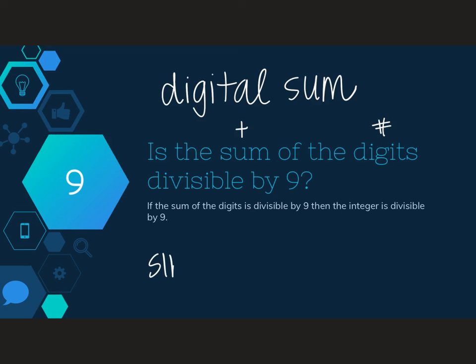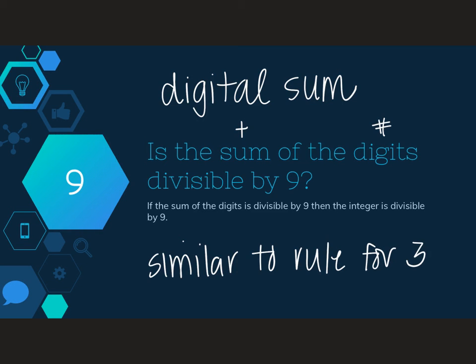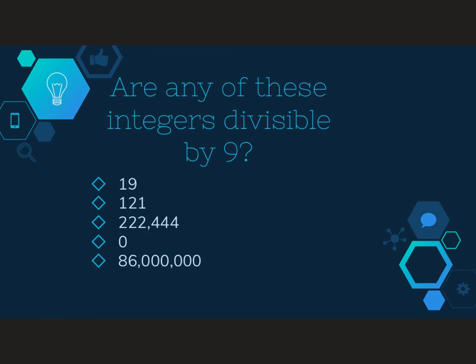So this is similar to the rule for 3. There was, for 3, is the digital sum divisible by 3? So try these out. If you get the digital sum for these numbers, and is that sum divisible by 9?